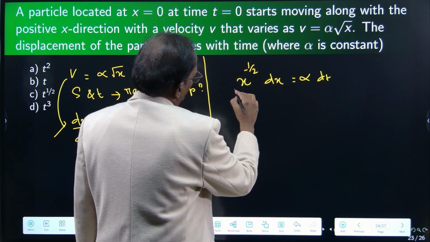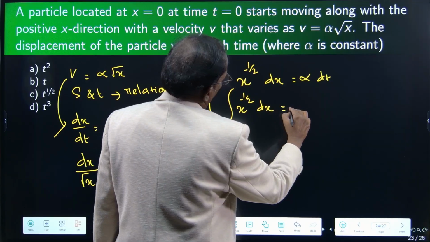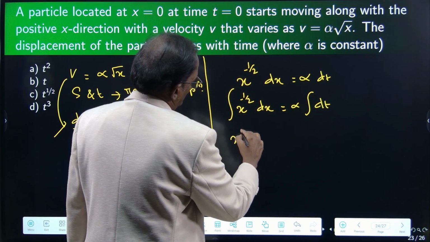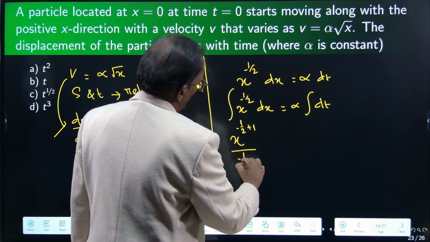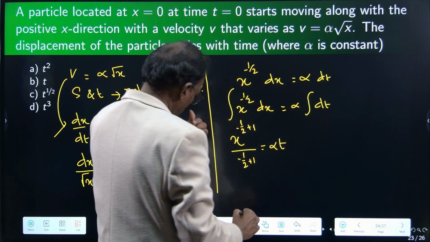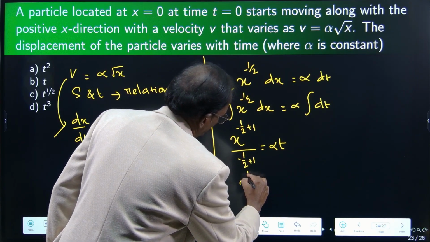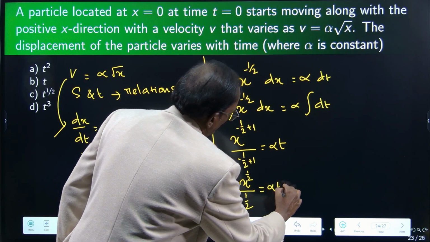So integration of x power minus half dx is equal to alpha times dt. This is x power minus half plus 1 divided by minus half plus 1 is equal to alpha into t. This is x power plus half divided by plus half is equal to alpha t.